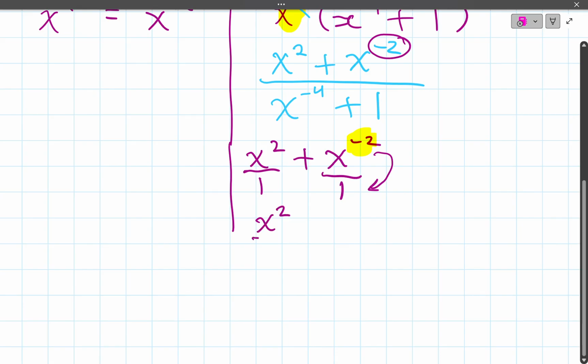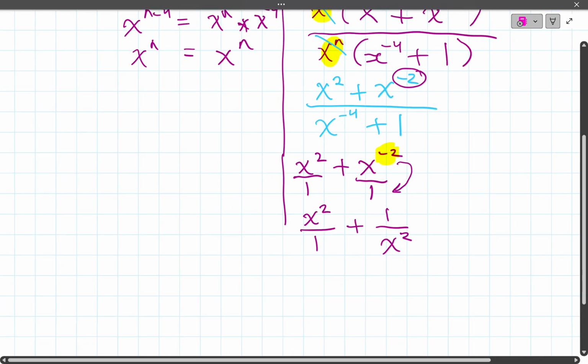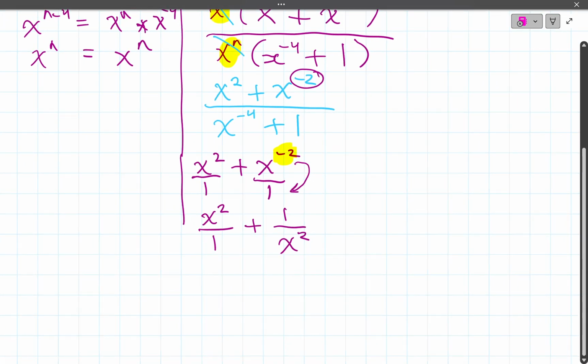I'm going to move this x to the power of negative 2 into the denominator, and that gives me x squared over 1 plus 1 over x squared. Now, I can't add these together at this point because we don't have a common denominator. So we're going to make a common denominator.